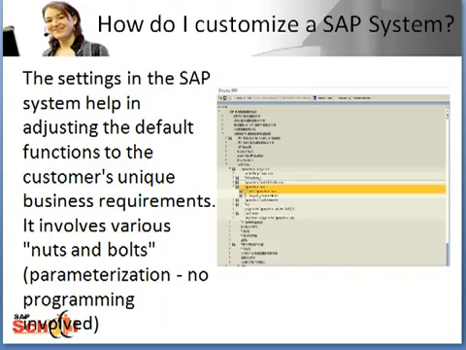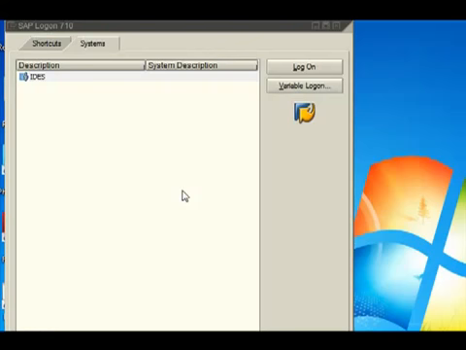Let us now look at the actual web client and try to navigate through the web client by logging on to the SAP GUI first, and also have a look at certain features and functionalities of the web client.